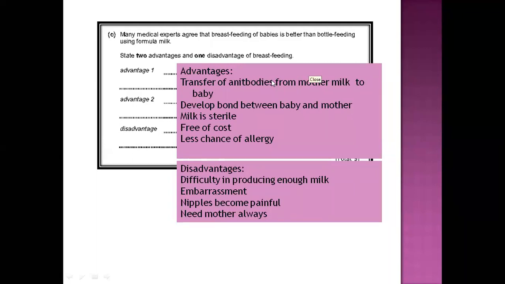Damage to beauty, I discussed it already, like embarrassment. Now let's move toward another question.